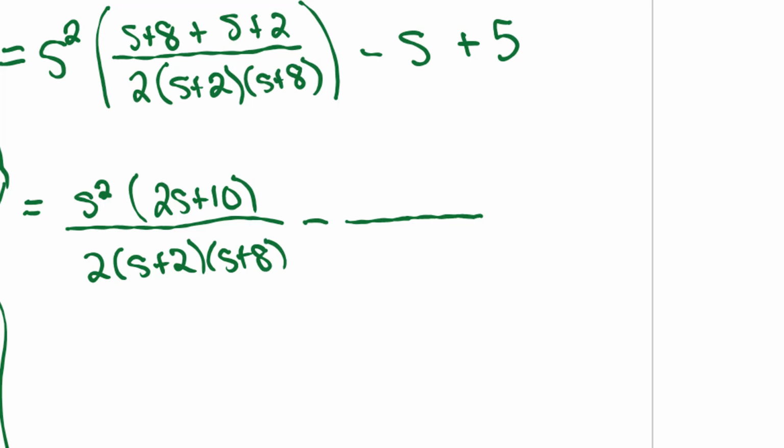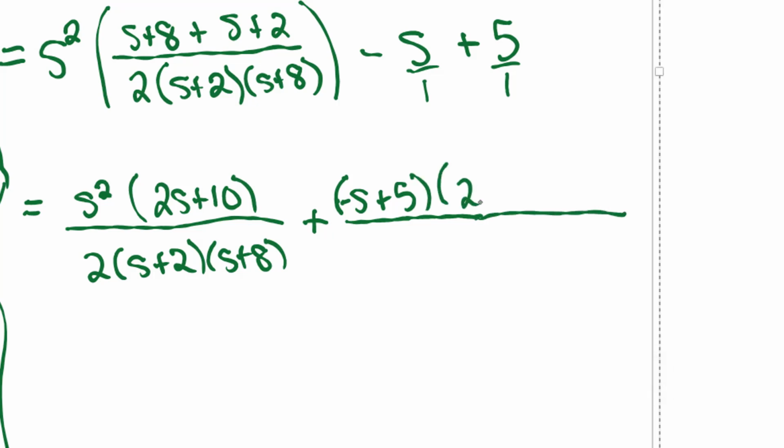Actually, this part is just algebra. I mean, so I'd have minus s, and right now it's just s over 1 and 5 over 1. So actually, maybe I would just write this as negative s plus 5 times that entire denominator.